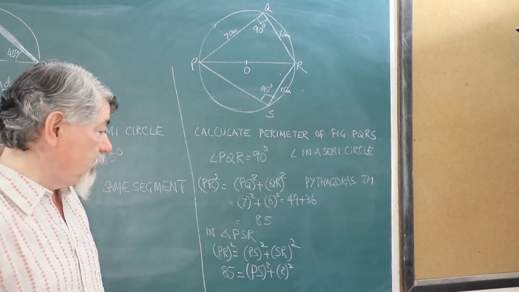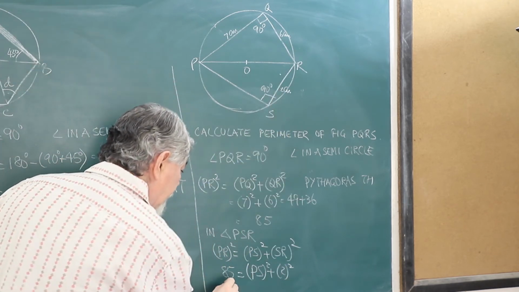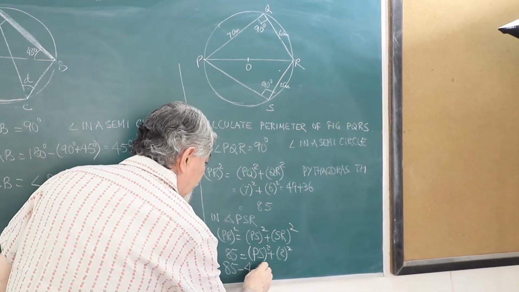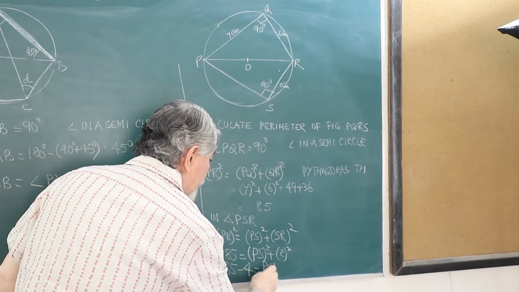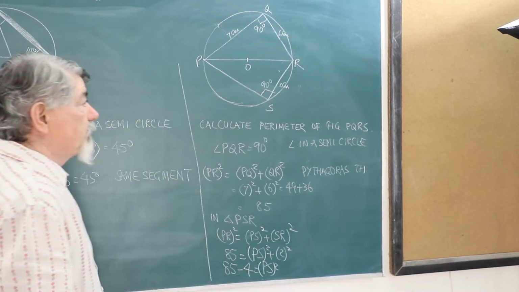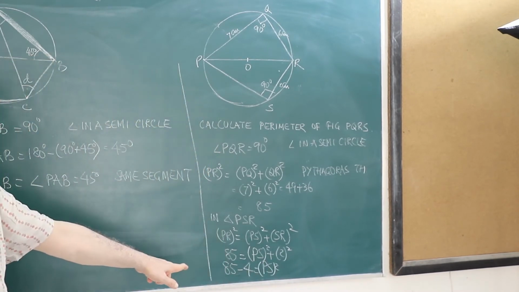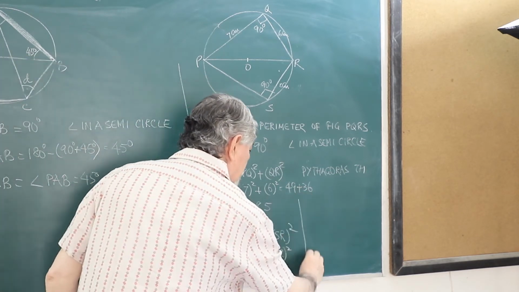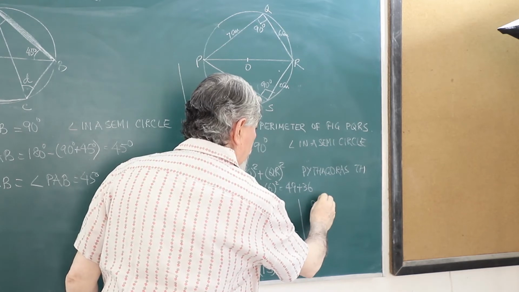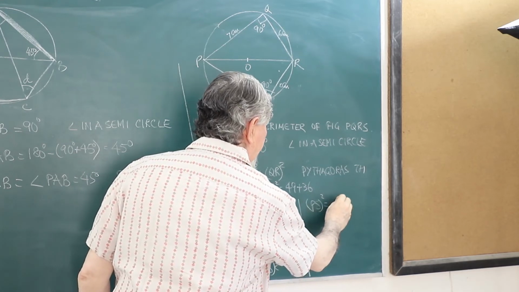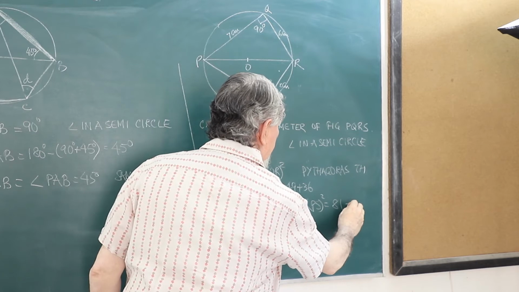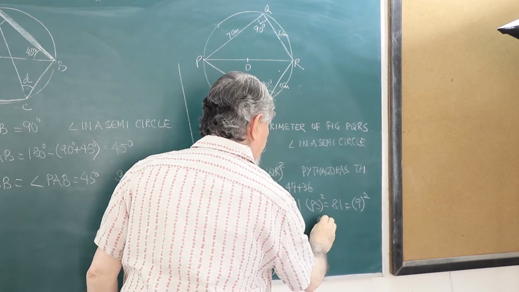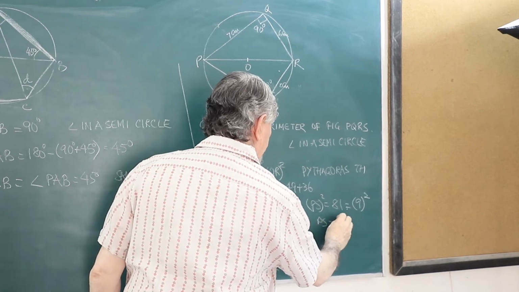So 2 square is 4. So it will become 85 minus 4 will be equal to PS square. PS square becomes 85 minus 4, so PS square will become 81, which is 9 square. So PS will be 9.